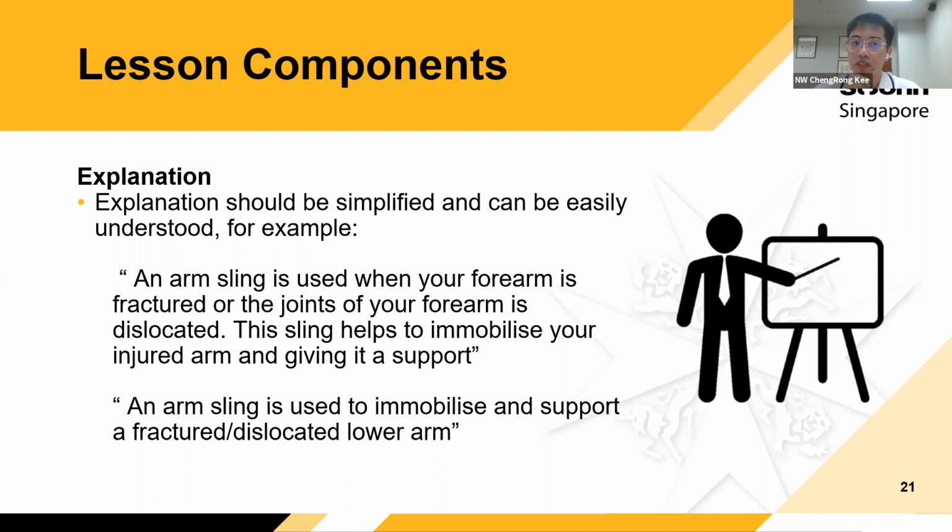The main point of explanation is to focus on why you use an arm sling. We do not want to draw your attention away from the main point, which is what an arm sling is used for. You do not have to go into details of what a fracture is because it will only draw attention away from the main point. You guys see what I'm saying? Thumbs up if you can understand. All good?